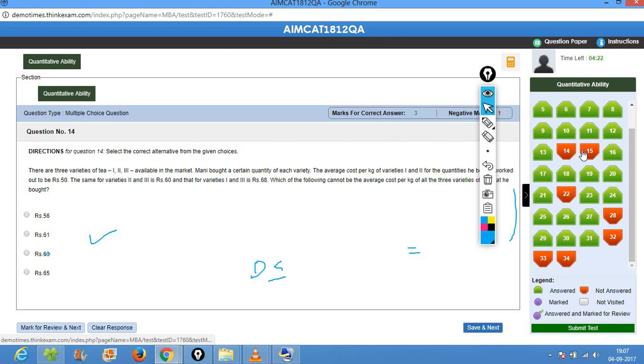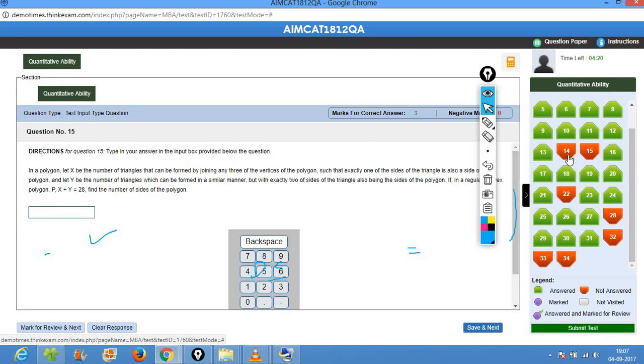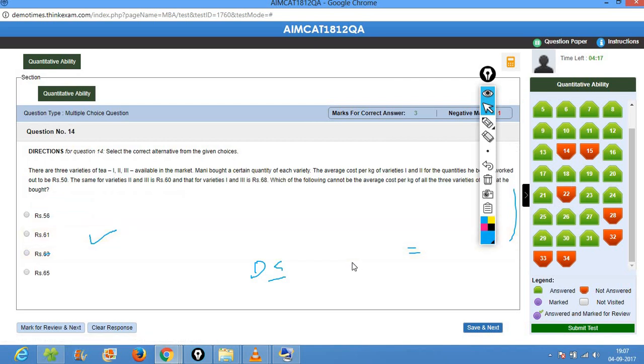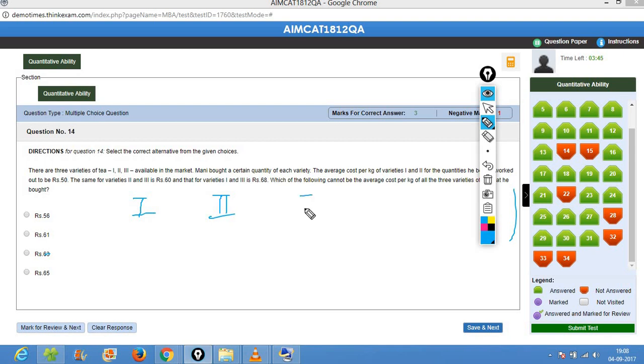Any easier one? 14, 15. 14, I can try 14. Last one. There are three varieties of the vast. Okay, next one.